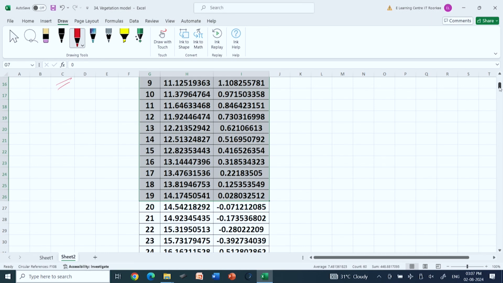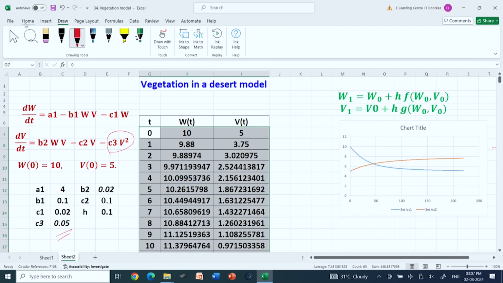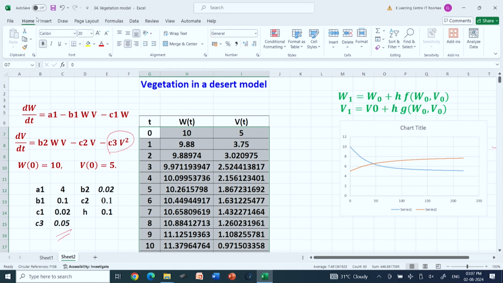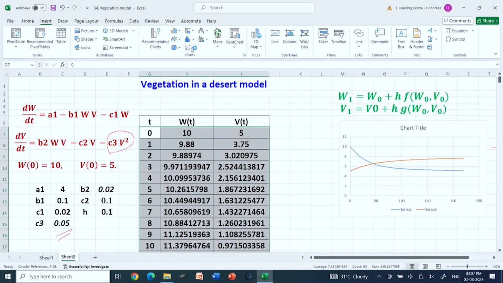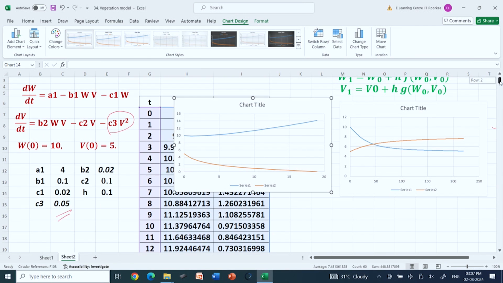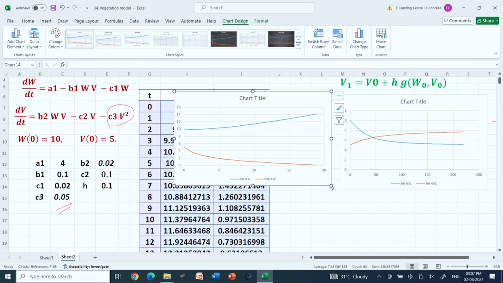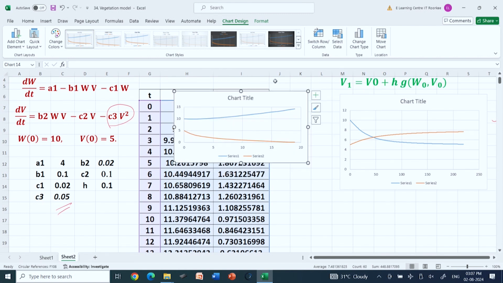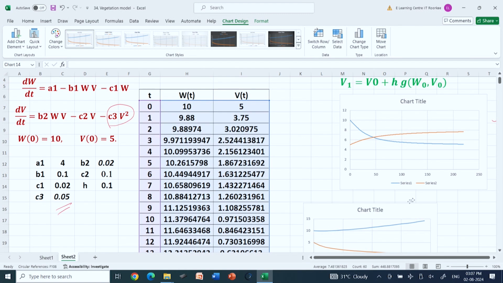Let us see what we get. Go to insert, the charts and the plots. So, this is the figure which we get.